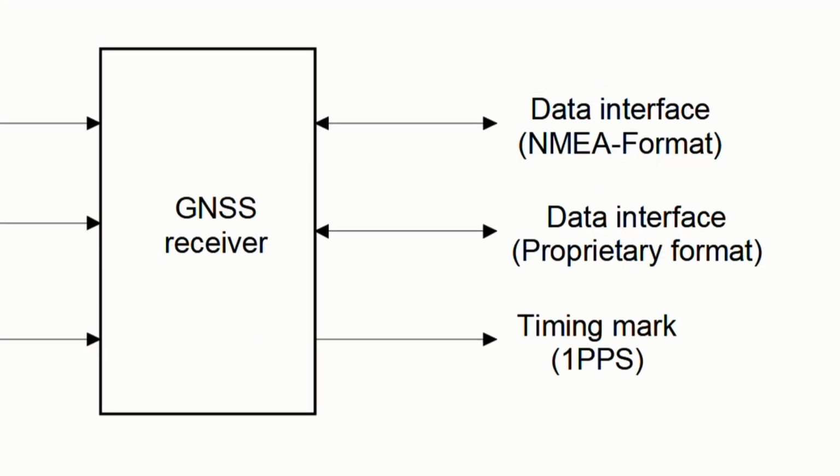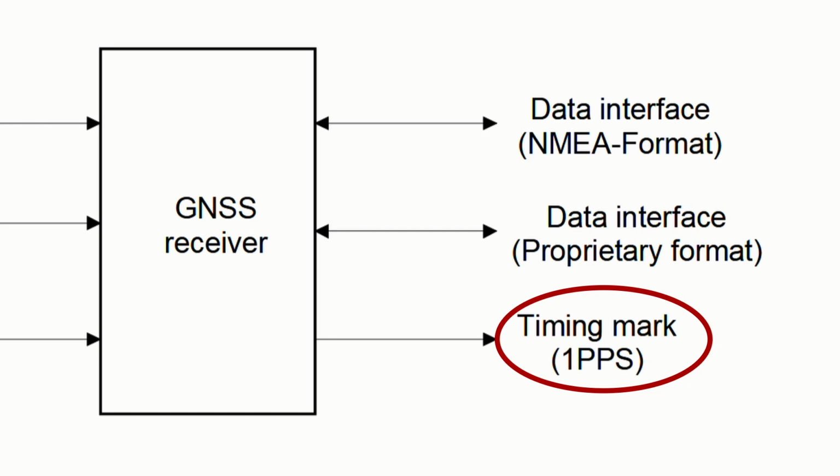Moving to the right side, we have two main types of output data, NMEA format and proprietary format. The first one is a widely used data format for communication between GPS receivers and other devices, while for the u-blox chip, we have UBX as our proprietary format.